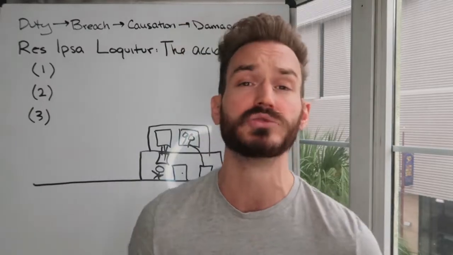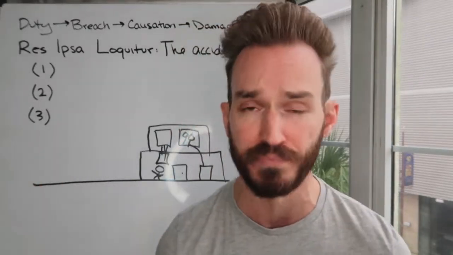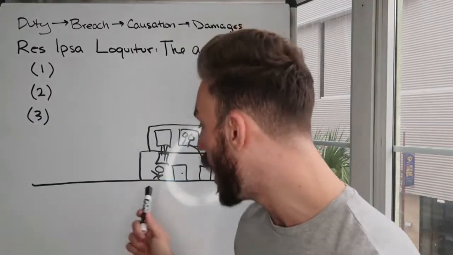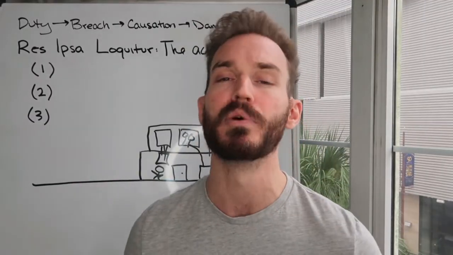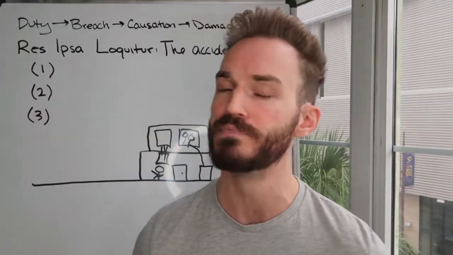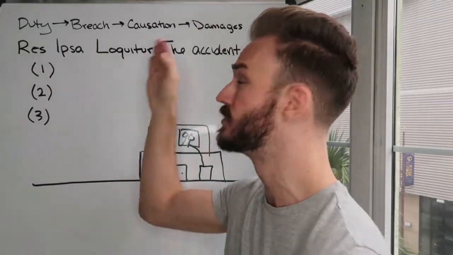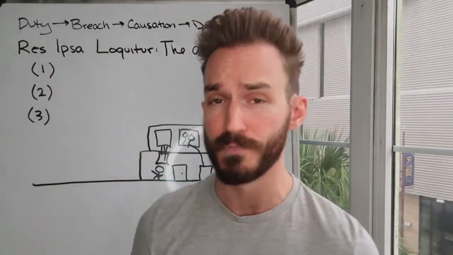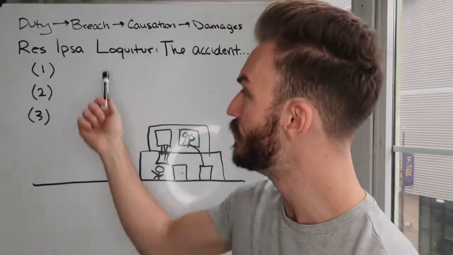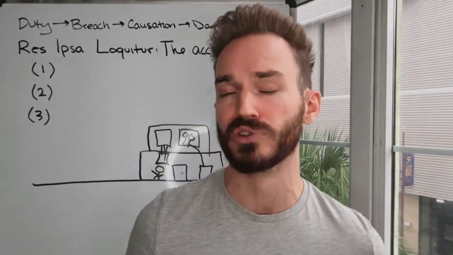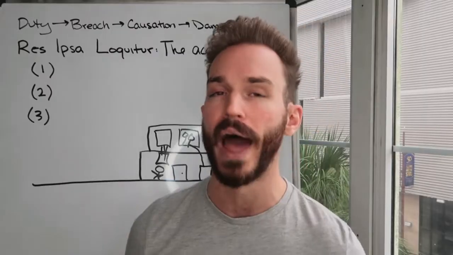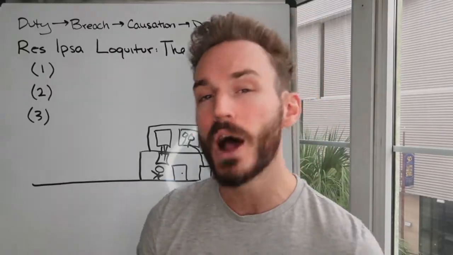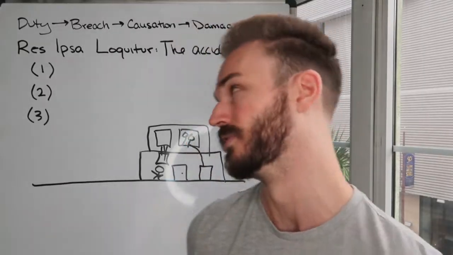Barrels of flour don't just roll on their own and hit people, right? Something had to happen. So because we know that something had to happen, we can infer some type of negligence. The thing speaks for itself. Res ipsa loquitur. So that's how we get this idea of res ipsa loquitur, this doctrine that allows you to infer some type of negligence from the circumstances, okay?